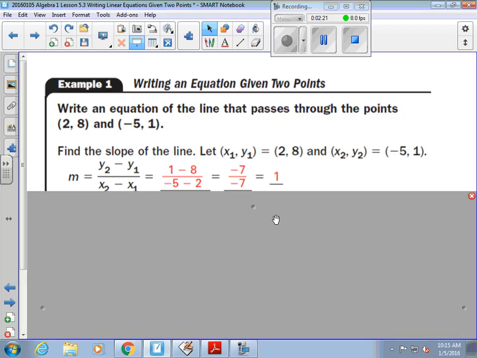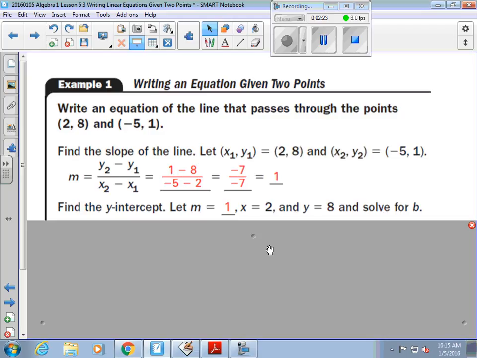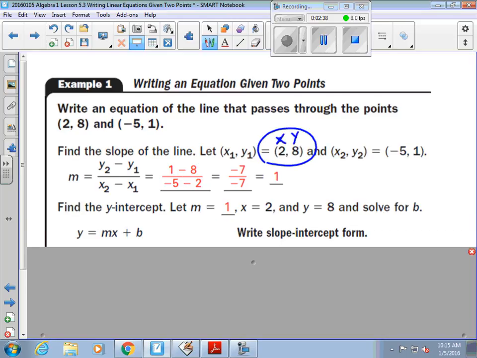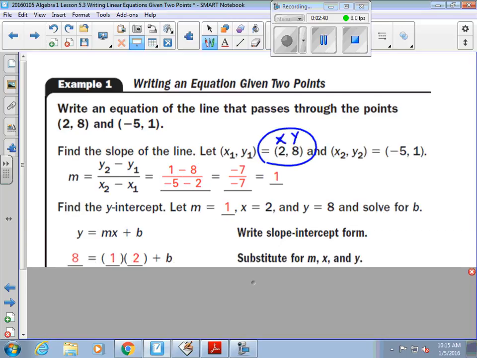M's value is 1. So let m equal 1, x equal 2, and y equal 8. Notice all it did was take the first point and use x and y. So y equals mx plus b. In place of y, you're subbing in 8.